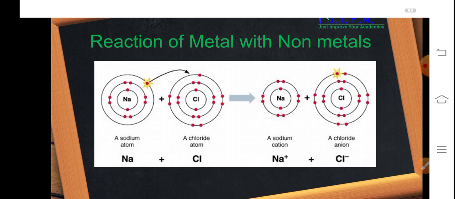By gaining electron, chlorine has become a negatively charged chloride ion. This giving and gaining of electron results in the formation of an ionic bond. An ionic bond is a bond which is formed between the two ions. This is an electrostatic force of attraction between the two ions. So, why do metals and nonmetals react? The reason is that metals are electropositive, nonmetals are electronegative. So, both have opposite nature, hence they react with each other and form an ionic bond.